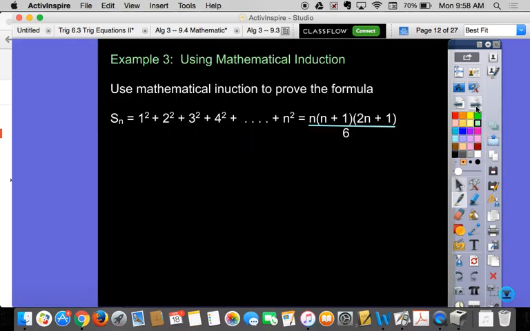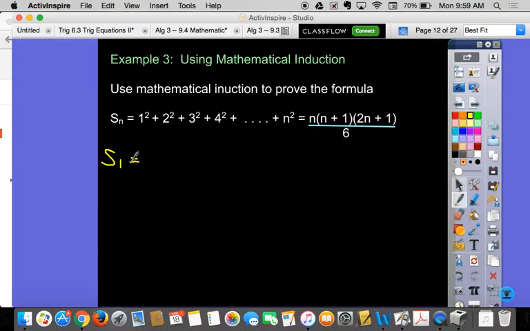Okay, let's see if we can do one more, just so that you guys have another example that you can work with. Let's see here. This one will work. If you do mathematical induction with this one, same process. Let's do S sub 1.